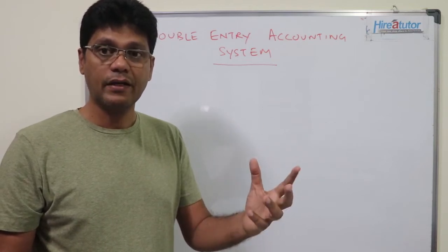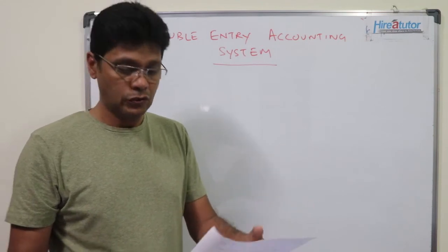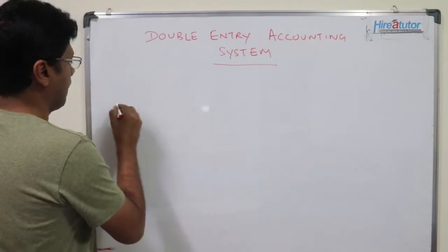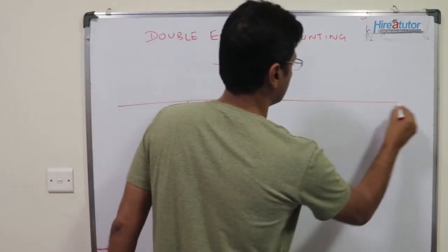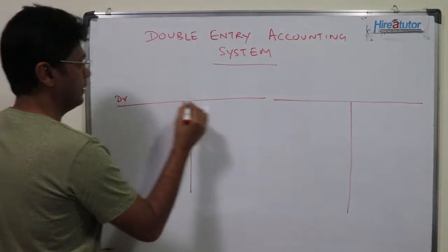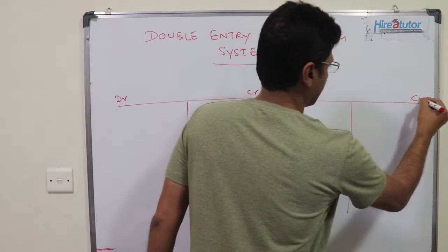There is a dual impact in each and every transaction. So therefore you need two accounts. So let's open two accounts. So this is the debit side, credit side. This is the debit side, credit side.